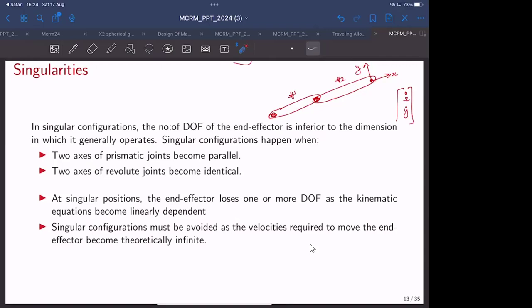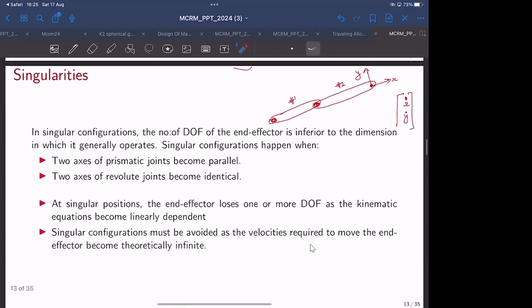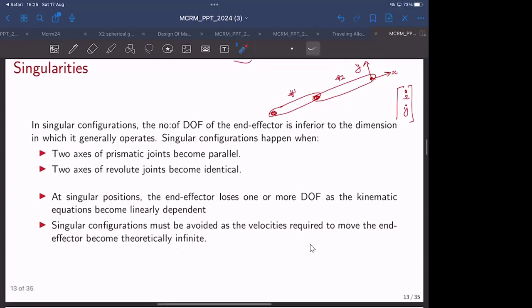And what happens in this case, when the robot is fully extended, is that it loses a degree of freedom parallel to this axis. It'll only have one motion that is perpendicular, right? It can only move like this in a direction perpendicular to this arm, and this component is actually lost.